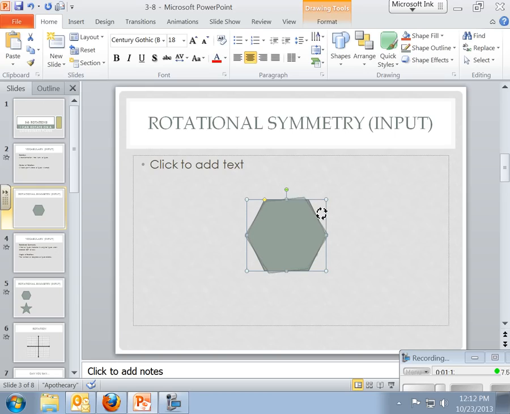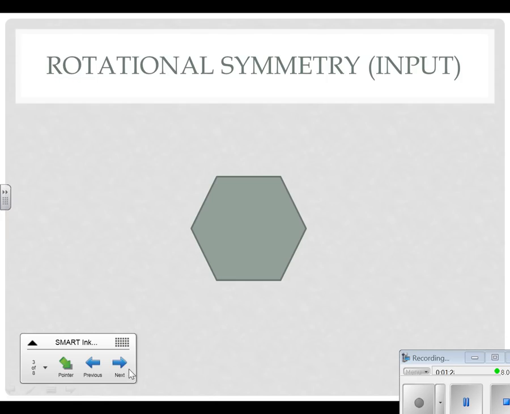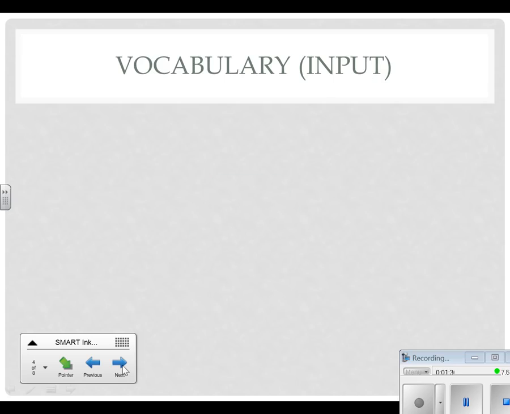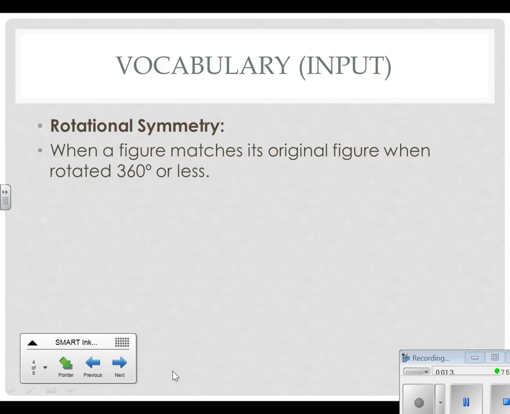So we've got 1, 2, 3, 4, 5, 6. So it looked just like this 6 times in that one turn. That is what rotational symmetry is. When a figure matches its original figure when rotated 360 degrees or less.